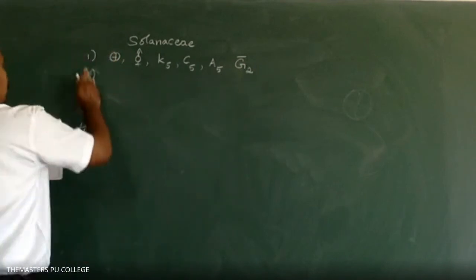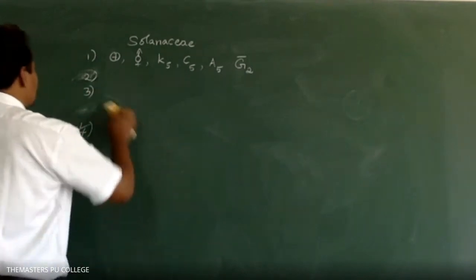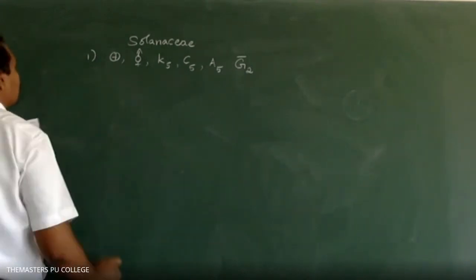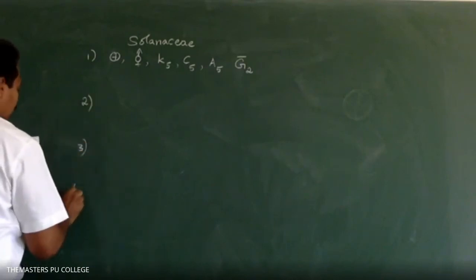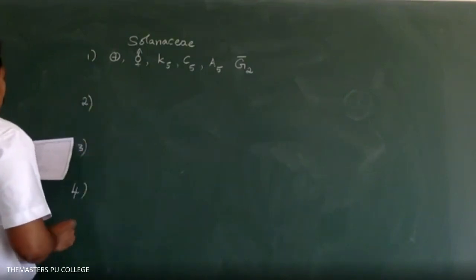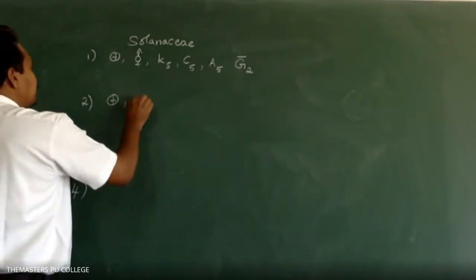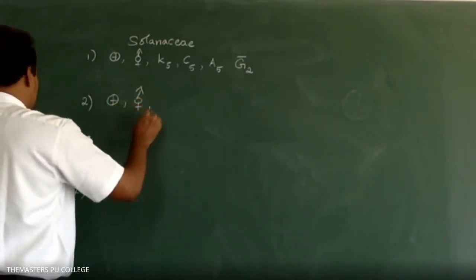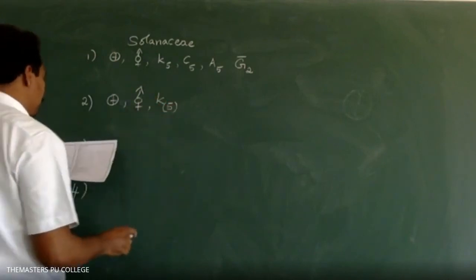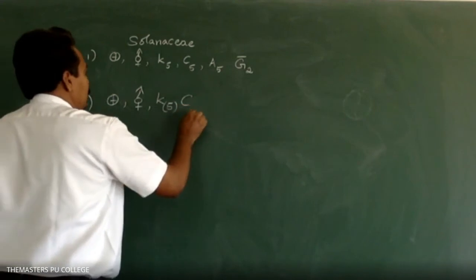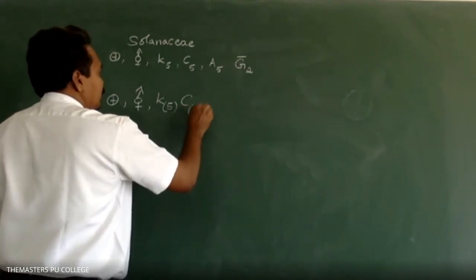The second option: flowers are actinomorphic, bisexual, sepals 5 fused, corolla consists of 5 petals fused with each other.